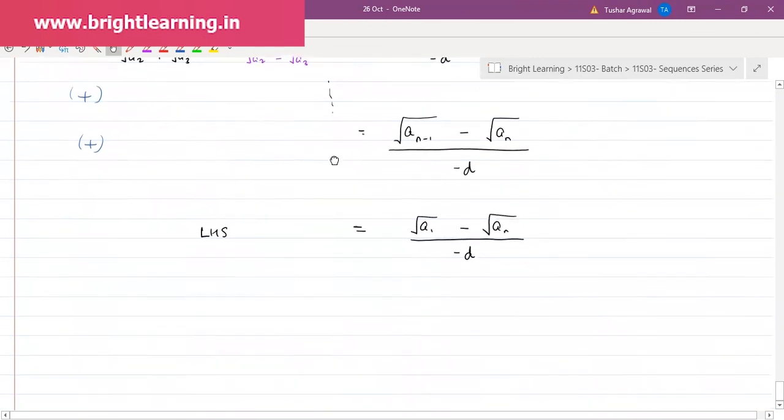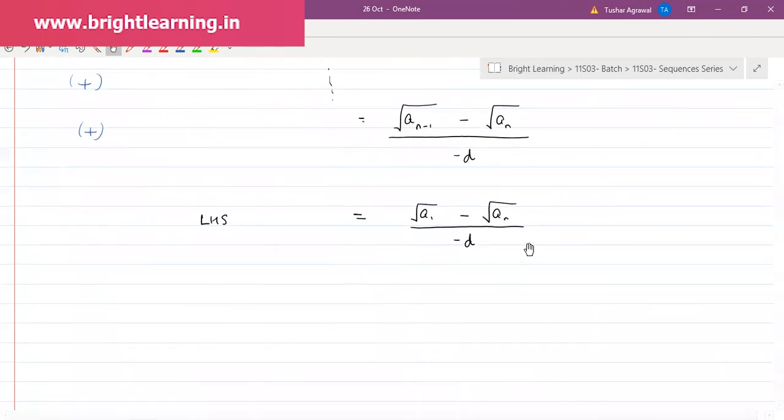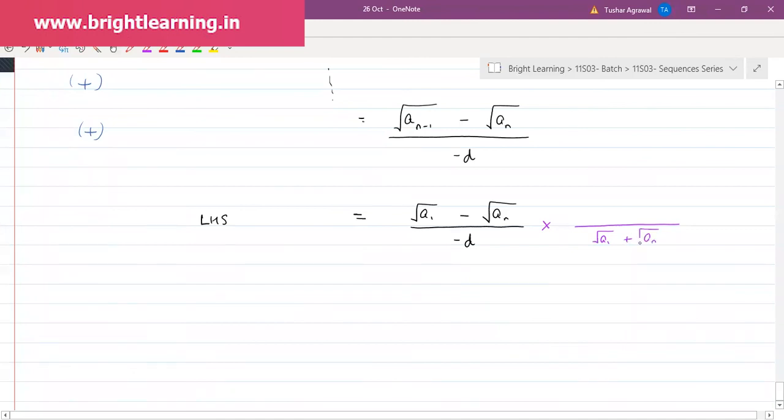Yes, sir. Now again rationalization. Now again rationalization means what? Multiplied by under root a1 plus under root an, numerator and denominator both. Correct?